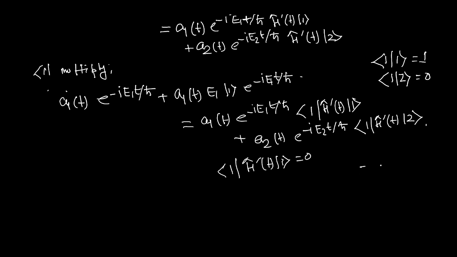Therefore, if you have applied a perturbation in state 1 and it does not do anything, the system is still in state 1, so this does not mean anything, and this result is 0.